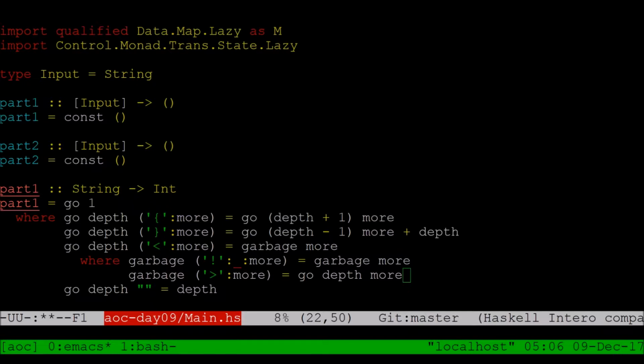So what are we scoring? Are we scoring groups of garbage or groups of brackets? Okay, so the garbage, got it. Wait, is garbage comma separated? It is.